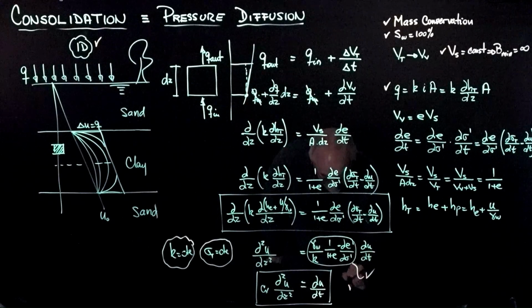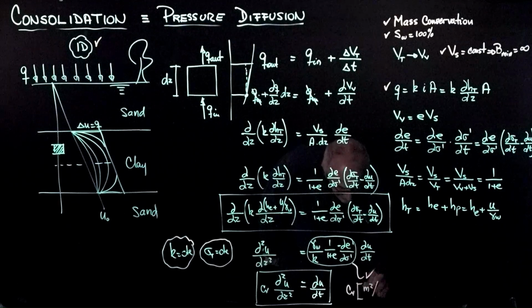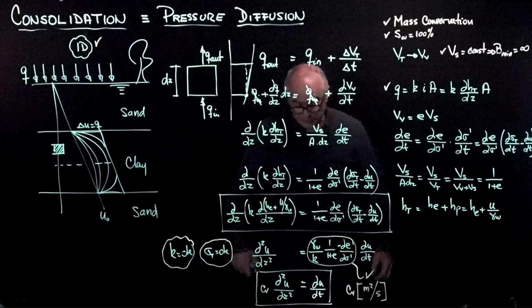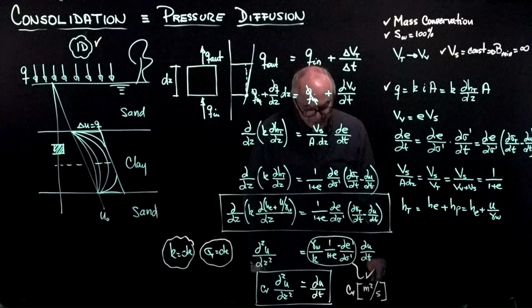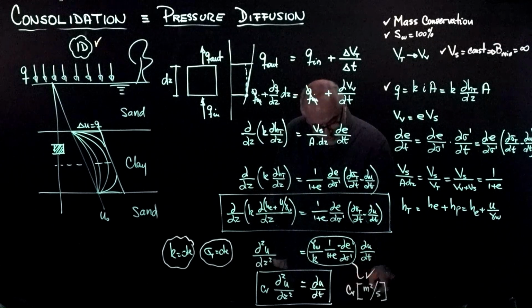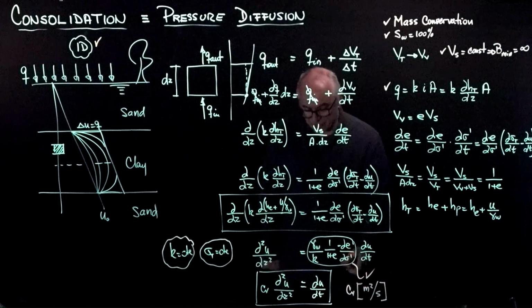So the units of CV are meter squared per second, or meter squared per unit of time, per day, per year.